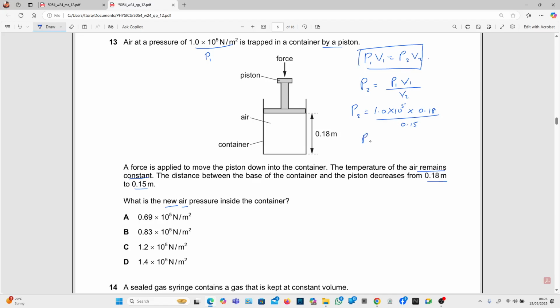If you do this in a calculator, you'll come up with 1.2 times 10 to the power of 5 Newton per meter squared. Here the cross-sectional area remains the same, and therefore the answer turns out to be C.